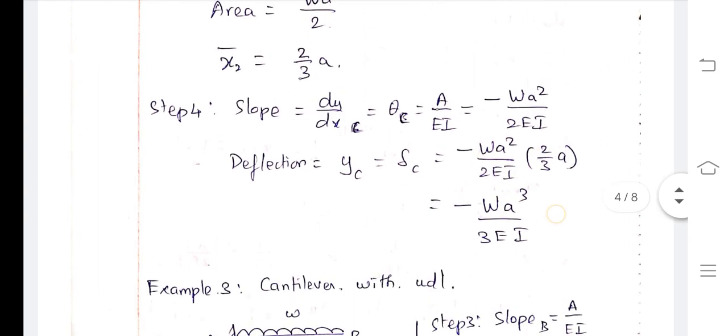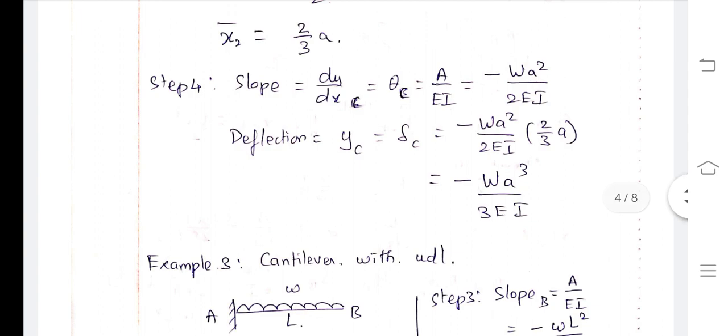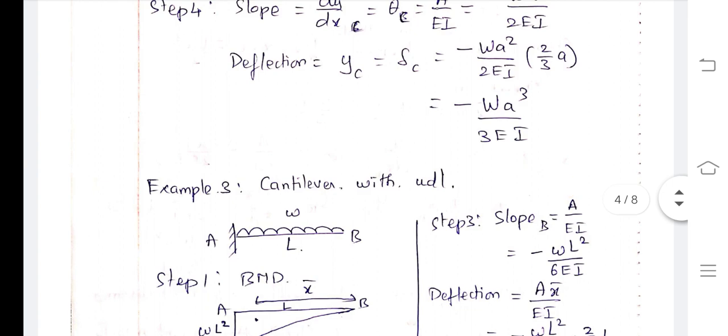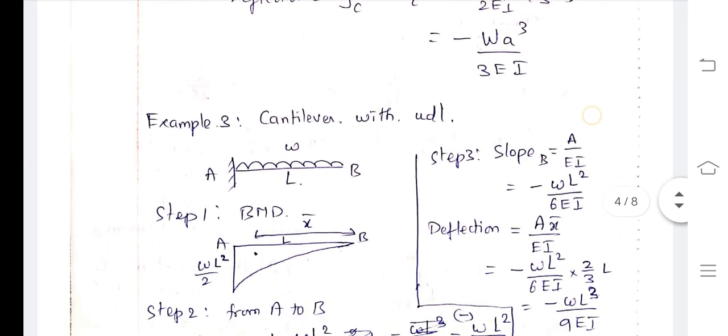Then deflection is equal to WA square by 2EI into x bar. So x bar is 2 by 3 of A, and it is equal to minus WA cube by 3EI. So this is the final formula.